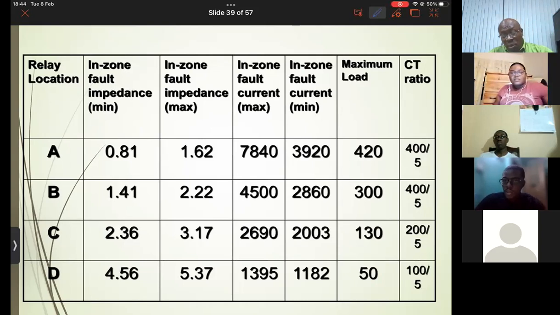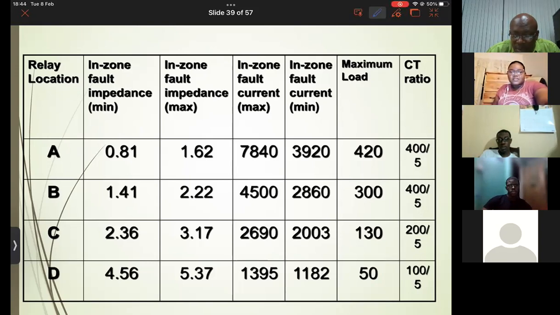Based on this table, which current would I want A to respond to? Will that be the 420, sir? No, that is a load current. Sir, the 1,182. No. Sir, would be half of the 3,920.